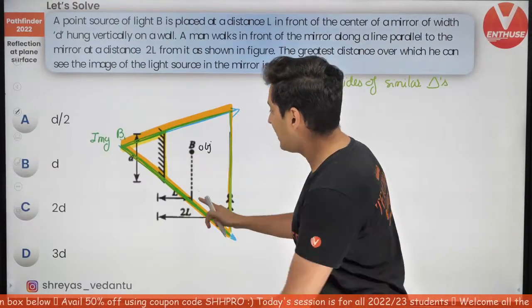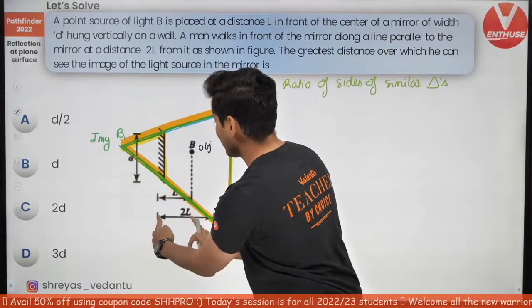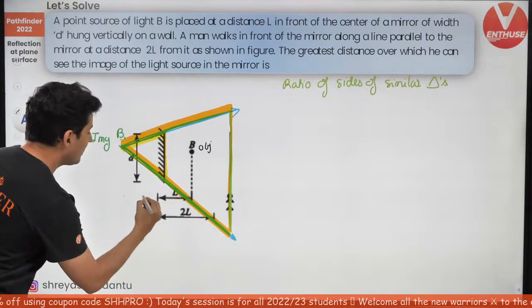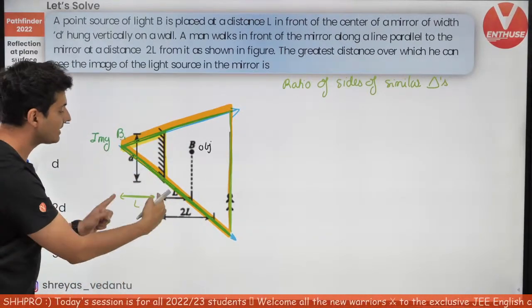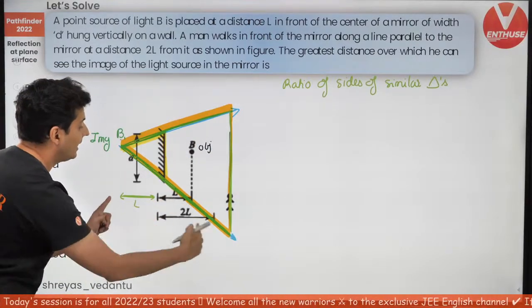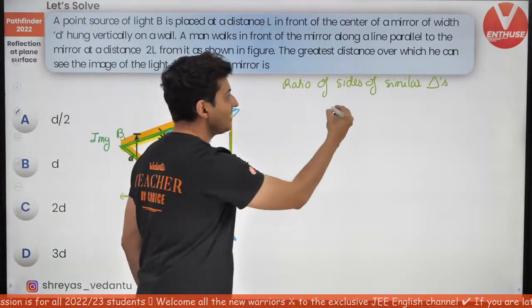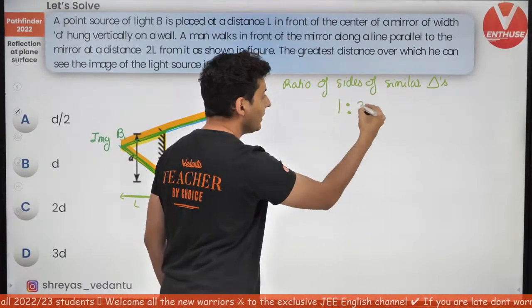Think about it. If this is L, the image will also be formed at a distance of L. So the height of the small triangle is L. The big triangle, the height is L plus 2L, which is 3L. So the sides are in the ratio of 1:3.